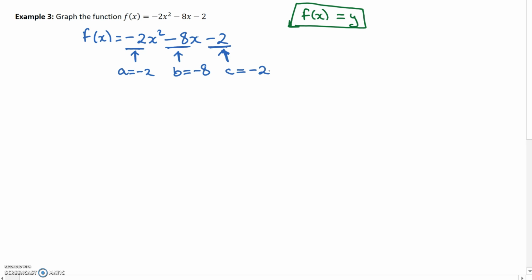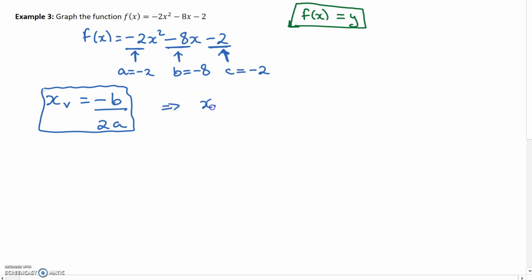Okay, now we want to get the x-coordinate of the vertex. So we use our little formula for that: xv equals minus b over 2a. That's going to give us xv is equal to minus 8 all over 2 times minus 2.